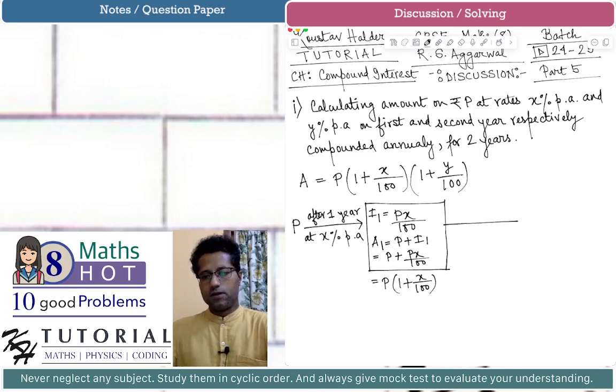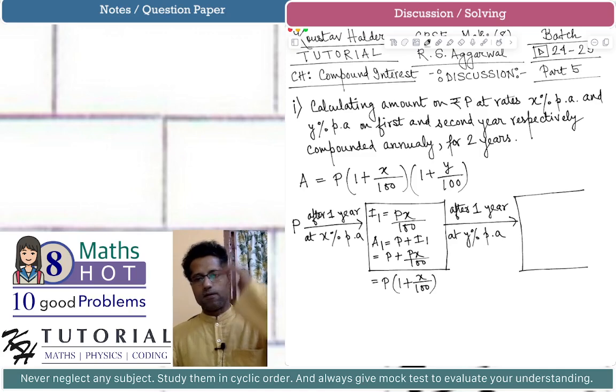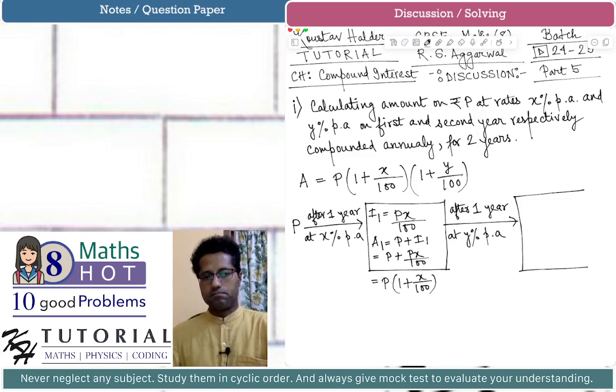Now, after another 1 year, the interest will be at Y% per annum. And what will be the interest and amount? The current principal is the amount that was formed at the end of the previous year, which is A1, equal to P into 1 plus X by 100.